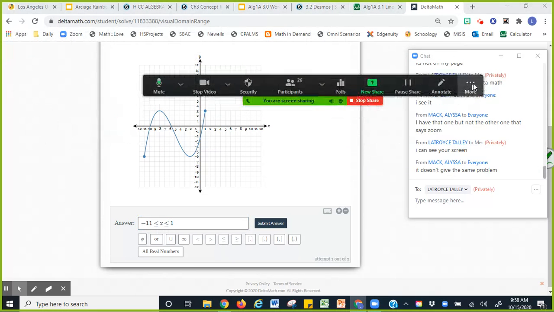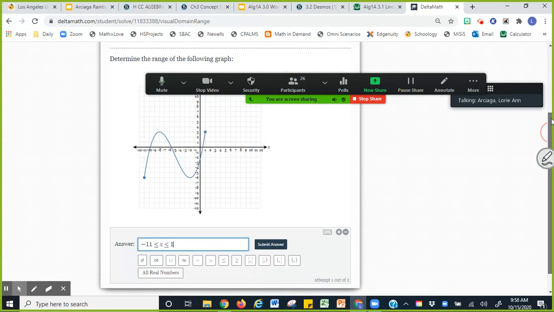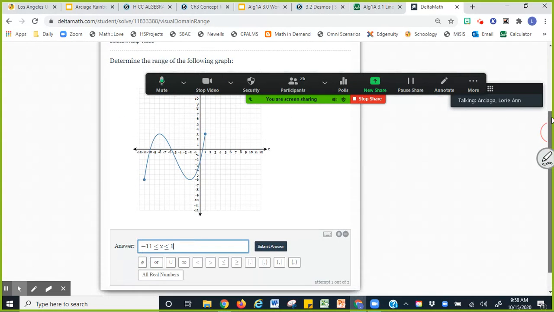So that's how you are going to answer questions like this. Oh, I answered the domain. I'm sorry, that's the domain. I didn't see the question over here. It says find the range. So for the range, you're going to look at the possible y values. The range starts here, at -6, and the graph stops at y is equal to 3.